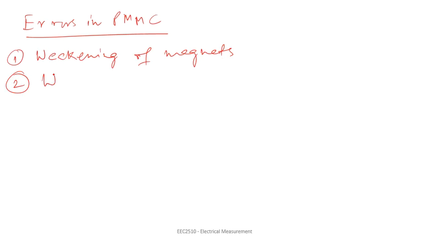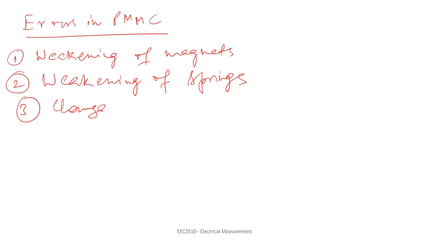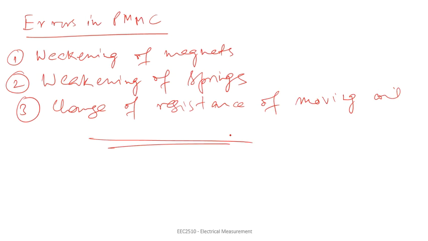The main sources of errors can be due to the weakening of permanent magnets, or the weakening of springs, or the change of resistance of the moving coil. So all these can contribute to the errors in the readings.